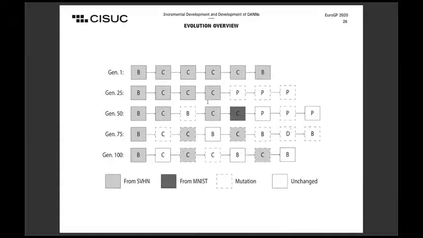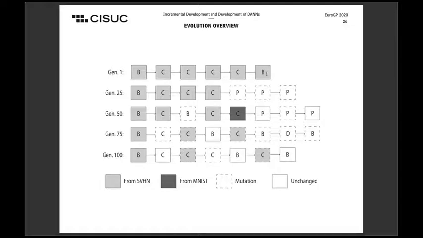As we've seen, the initial population, that is the best individual in the first generation, is composed by copying all the layers from the SVHN dataset, which is the point that we are transferring from. That is, this is a run from the MNIST SVHN CIFAR10 setup, and as such, in the first generation, the best individual is the one that copied all the layers from the previous evolutionary step, which is the SVHN dataset.